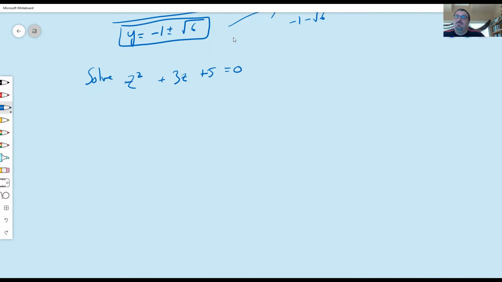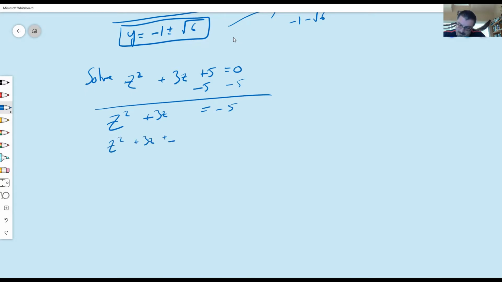First thing we gotta do, right, is get the z squared and the z by itself, so minus 5. Z squared plus 3z equals -5. Now we're ready to add stuff to both sides.